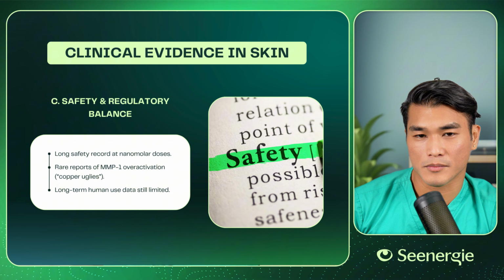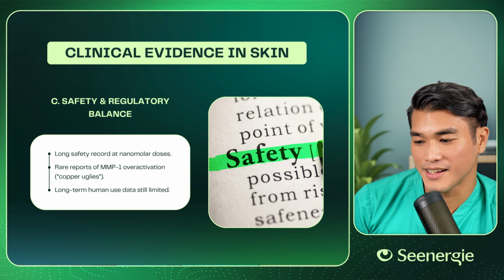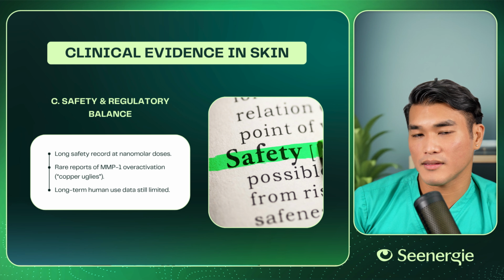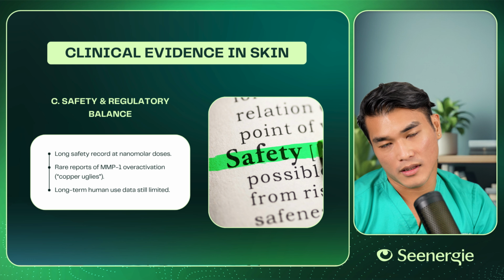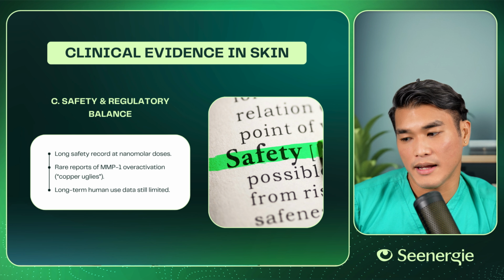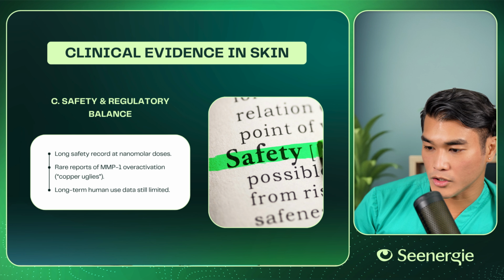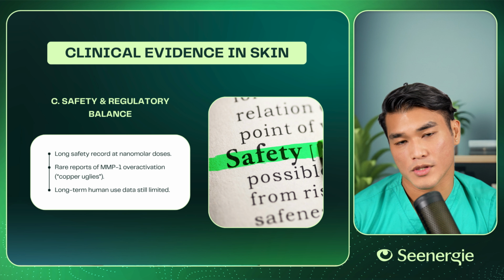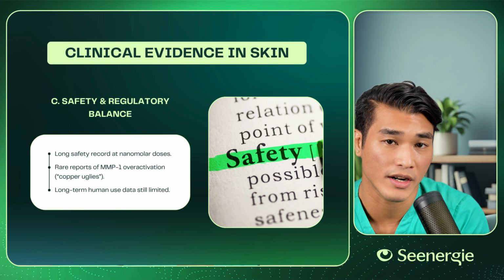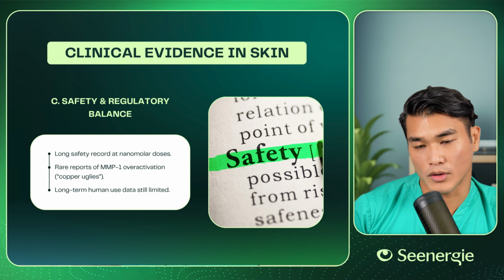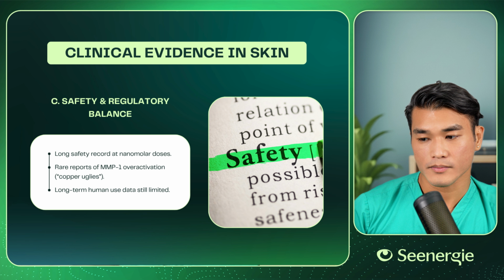We call them copper uglies, actually. That's the term for them in the field. But these reports are largely anecdotal. It's just a hypothesis of sorts. So far, long term human data remains limited, but in terms of the studies, it looks like it's very, very safe and it works significantly better than what we have on the market.